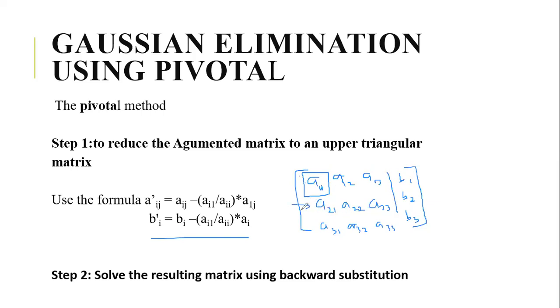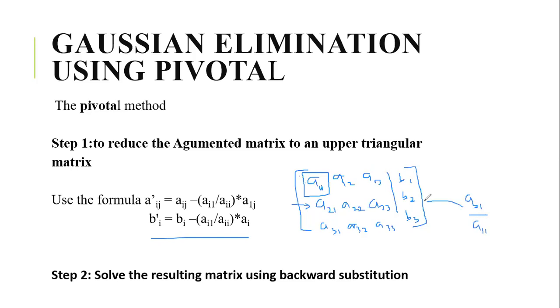So the multiplier for row 2 will be A21 over the pivot, which is A11. That is the multiplier for this row.